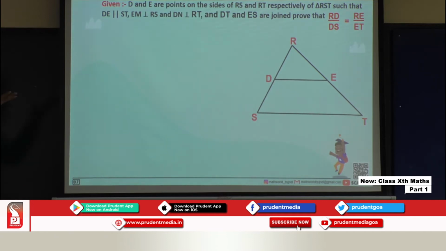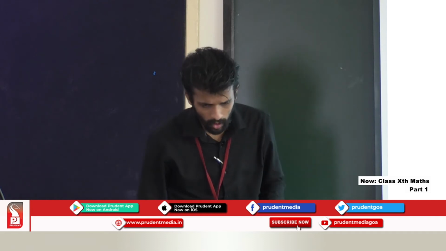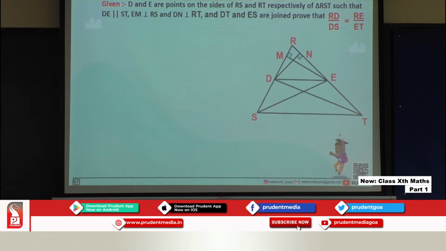The point M is not shown there, so let's draw that point M. So I have EM perpendicular to RS, DN perpendicular to RT, and DT and ES are joined together. Now this would become something like this.